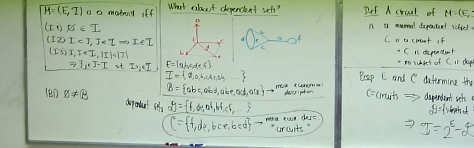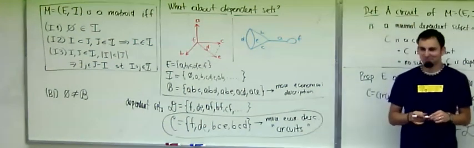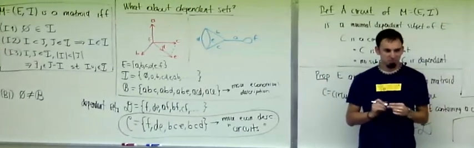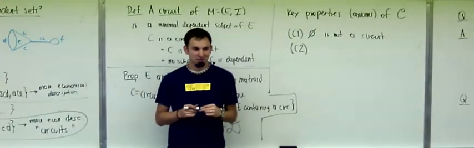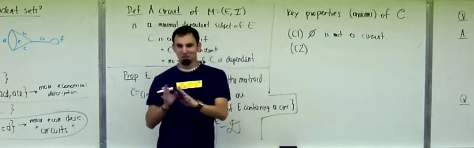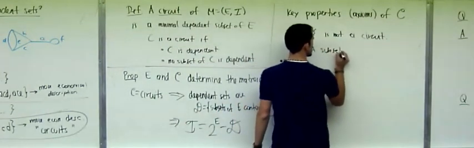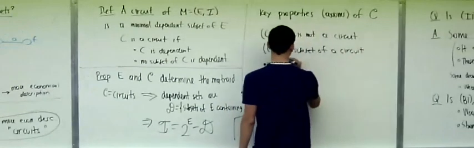Yes, but I want you to rephrase that so that you don't use the word dependent. Well, we want it so that if you remove anything, you get an independent set. What is independent? A subset of a circuit, not a circuit. That's exactly right. So you're saying the same thing, but you never use the word dependent or independent. So a subset of a circuit is not a circuit.